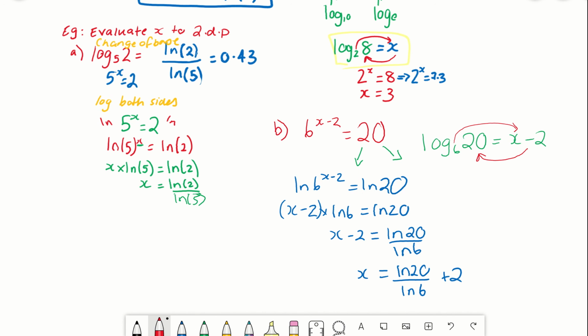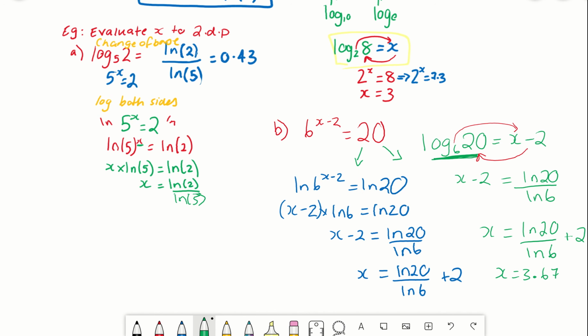Now, just doing my change of base formula, x minus 2, which is log 6 of 20, is equal to log the big number over log the little number. Then, of course, bringing the 2 over, you have the exact same thing as the other one. It does not matter for now which one you do. So hopefully you got 3.67 to 2 decimal places.